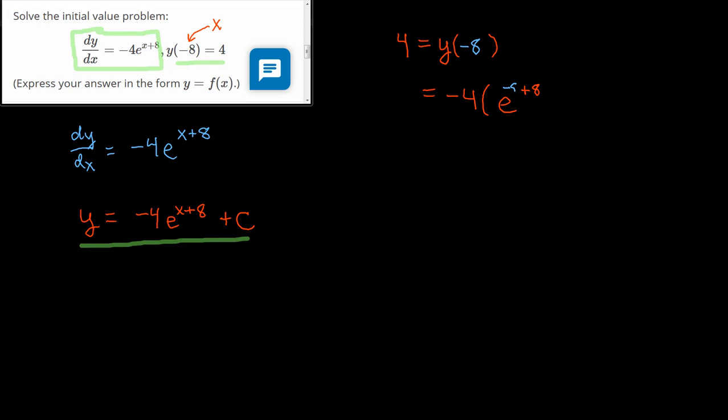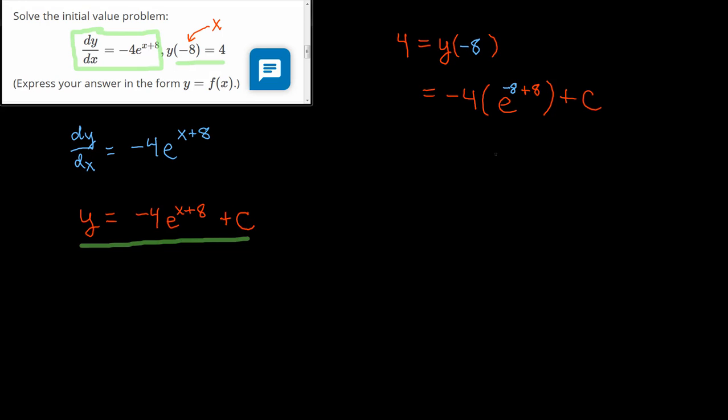Wherever I see an x in here, I'm going to replace it by a -8. What happened there was that everywhere I saw an x in my function for y, I replaced it by a -8, because that's what the instructions were. They said when x is equal to -8, you get out 4.